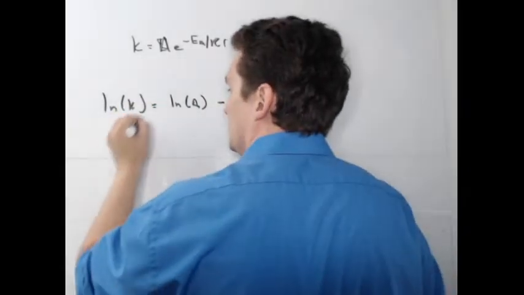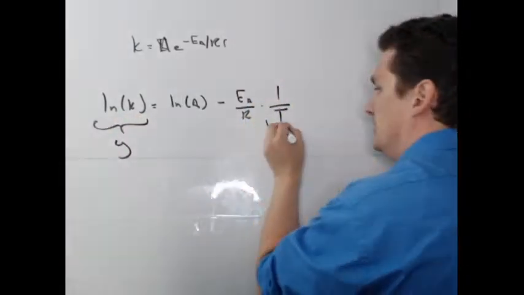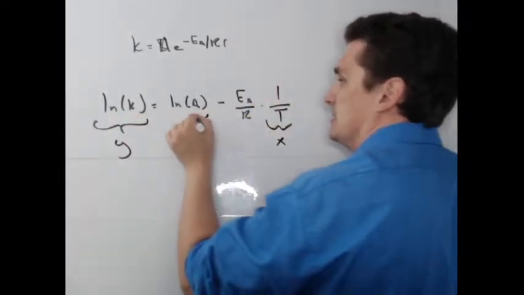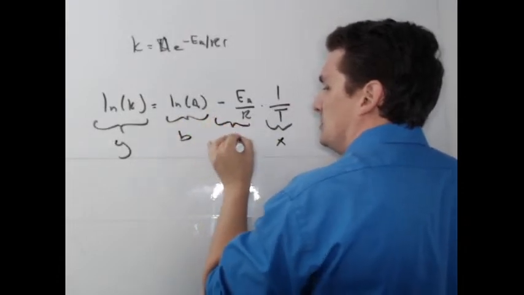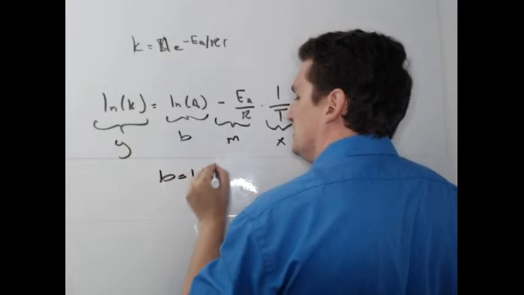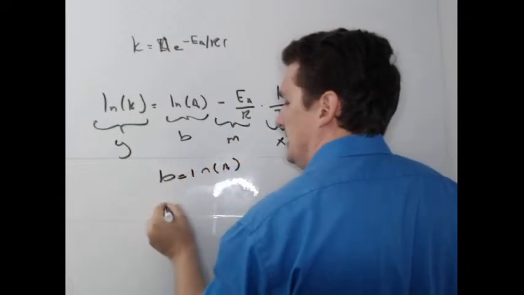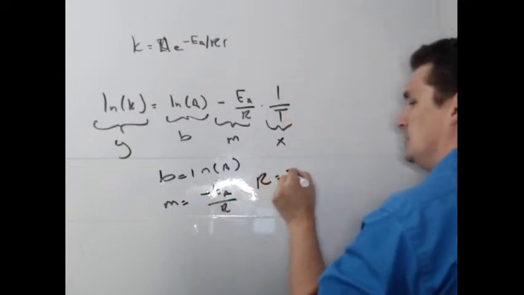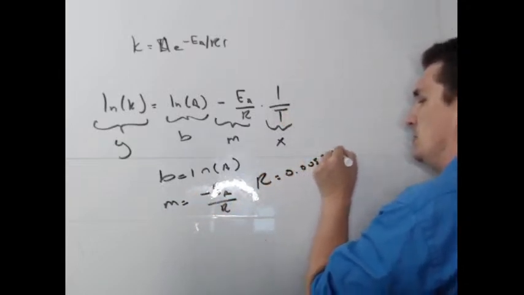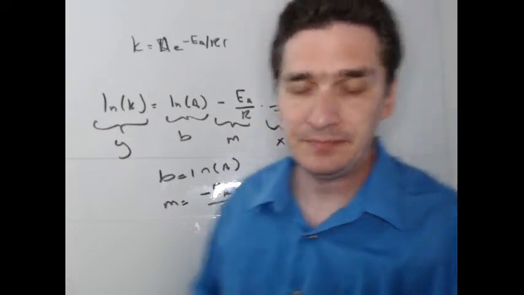This is our Y. This is our X. This is our Y-intercept. And this is our slope M. So B equals ln of the pre-exponential. And the slope here equals minus EA over R, where R is 0.008314 kilojoules per mole Kelvin.